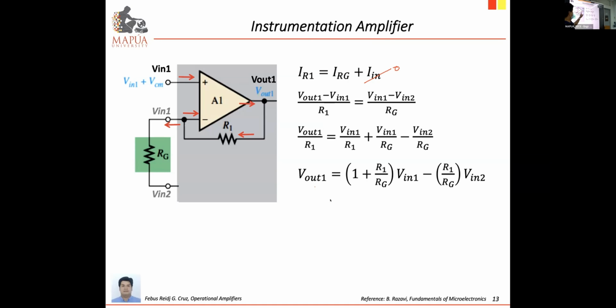The output of amplifier 1, Vout1, is equal to (1 + R1/RG)V-in1 - (R1/RG)V-in2. V-in1 is connected at the positive, so it will be amplified similar to the non-inverting input: 1 plus feedback element divided by the input. While V-in2 is connected at the negative, so it will be multiplied based on the inverting amplifier gain: minus feedback over input. Okay, nasundan ba?